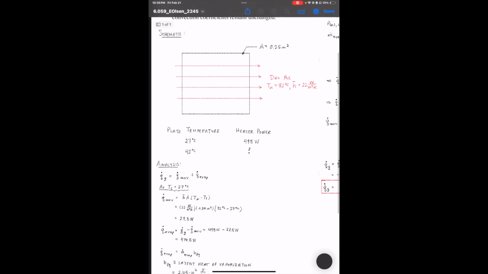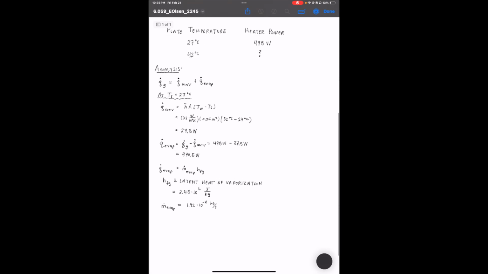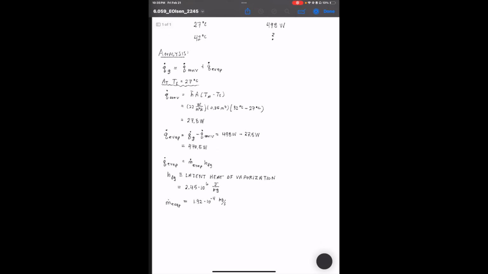It will just be our convection coefficient times our surface area times that delta T. And that gives us 27.5 watts, which is traveling into the plate since the surface temperature is 27 degrees Celsius and the air temperature is 32 degrees Celsius. That's going to create a temperature gradient pushing heat into the plate. So that's going to help us in this case.